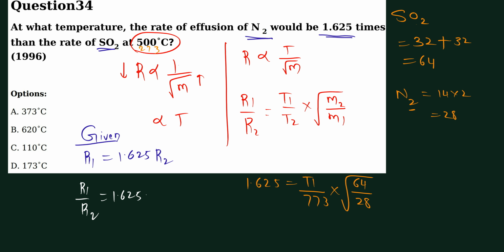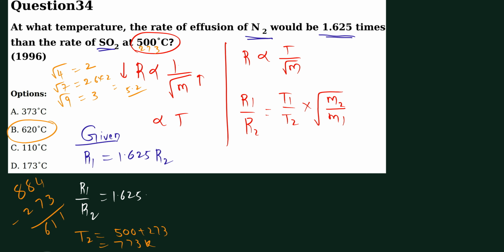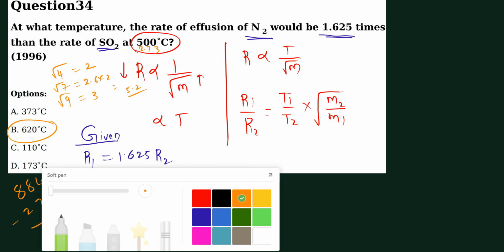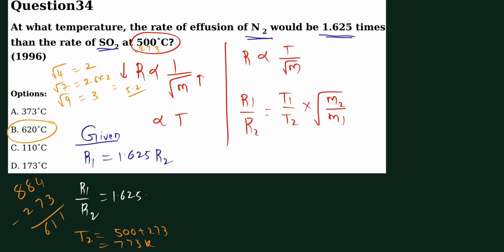Do the calculation for T1. Your temperature T2 is 773 Kelvin. The R1 by R2 value we got here is 1.625. We need to find the temperature T1 value.